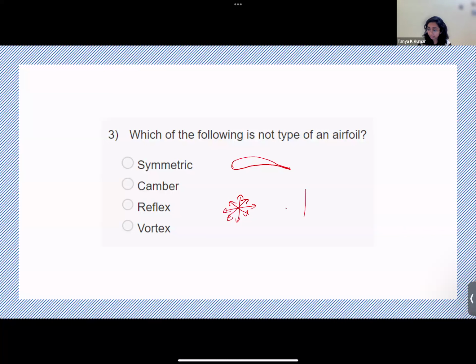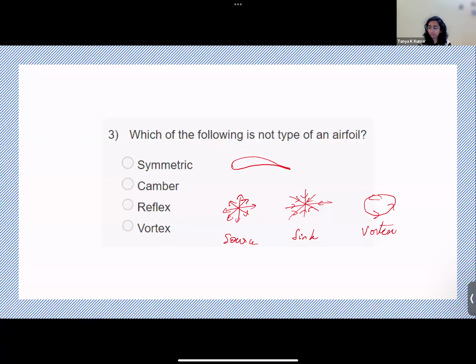Or the sink, where the flow all goes to one point? Yes, this is source, this is sink. This would have been taught in aerodynamics, but I'm just giving you some information. So these are types of flows, and vortex is one that swirls about a point. So vortex is a type of flow, not a type of airfoil. Symmetric, cambered, and reflex are types of airfoils.